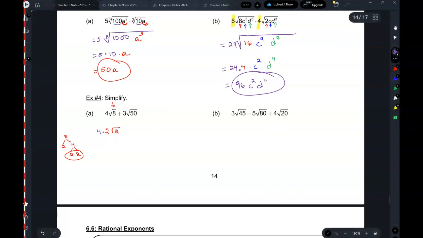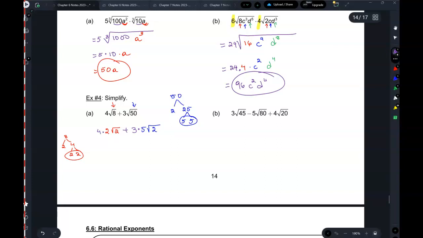Now, plus 3 times. Now I got to do the root 50. 50 is 2 times 25. 25 is 5 times 5. A pair of 5 comes out, but that lonely 2 stays in.